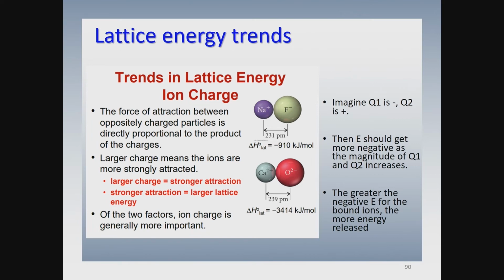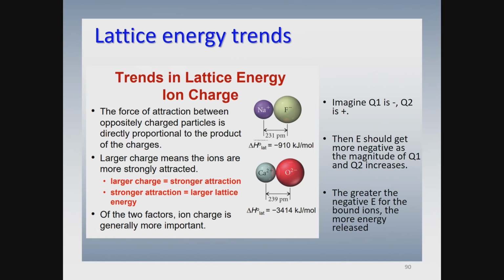And so we see a nice picture there, and the sodium cation is a certain distance away from the fluoride anion, about 231 picometers. Now, compare that to the lower picture. Here, the cations and anions are different. We have a calcium cation bound to an oxygen anion. I want you to notice that the calcium cation is not +1, it's +2 charge.